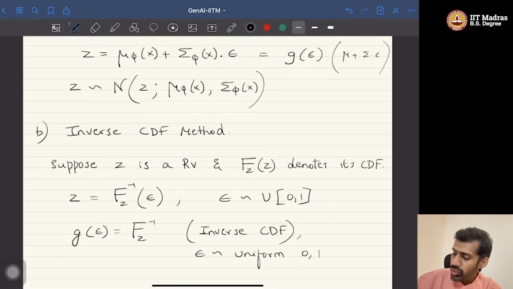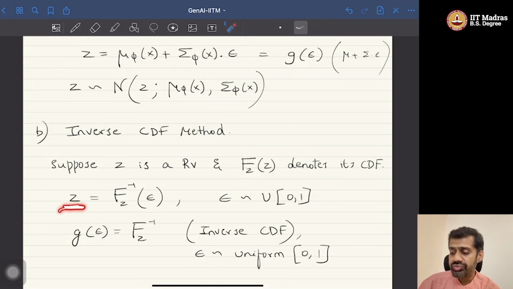I'm saying, so one can reparameterize any continuous random variable using the inverse of the CDF of that particular random variable, and you operate the inverse of the CDF on a uniform random variable, which means that you take a sample from a uniform random variable between 0 and 1, you pass it through a function which is the inverse of the CDF of a particular random variable, then the corresponding output that we get will have the same distribution as that of the random variable whose CDF inverse we are looking at.